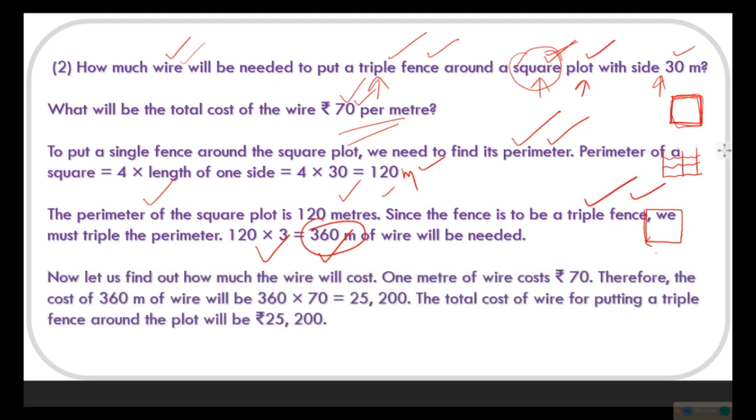In that case, 360 meters of wire required and per meter it is 70 rupees. So 70 into 360, 25,200 rupees will complete the fencing of that square plot. We have to give 25,200 rupees to the contractor in order to complete the work.